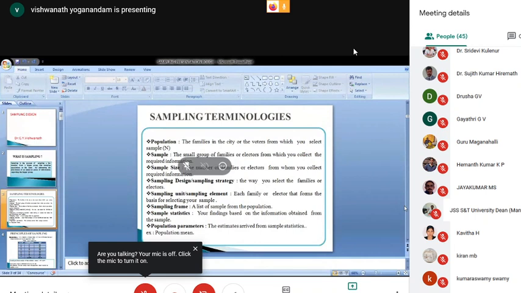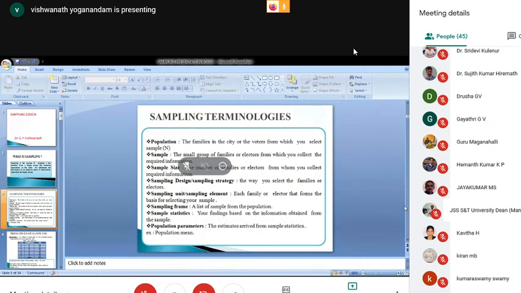Sample size is the number of people who are going to be selected. Sampling design is the way you are going to select the families or units. Sampling unit is the single unit of the population. Sampling frame is the list of samples from the population. Sample statistics is the data you get from the analysis. Population parameters are the estimates arrived from the sample statistics.